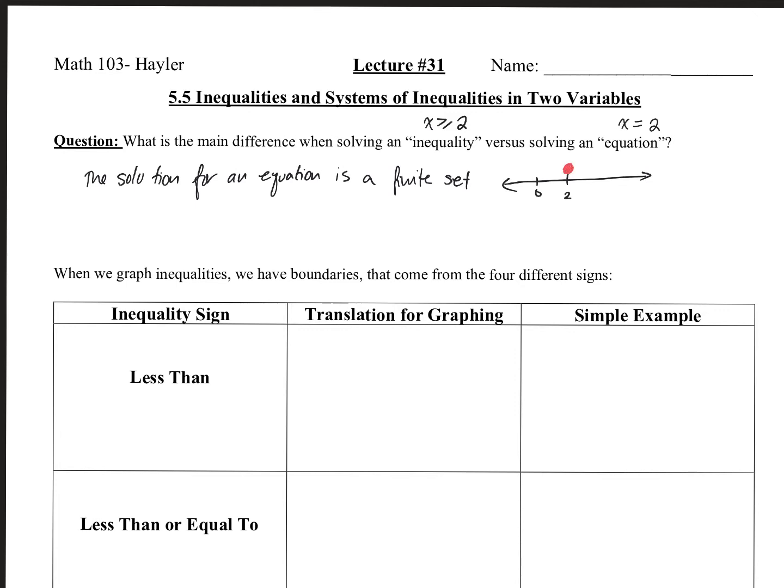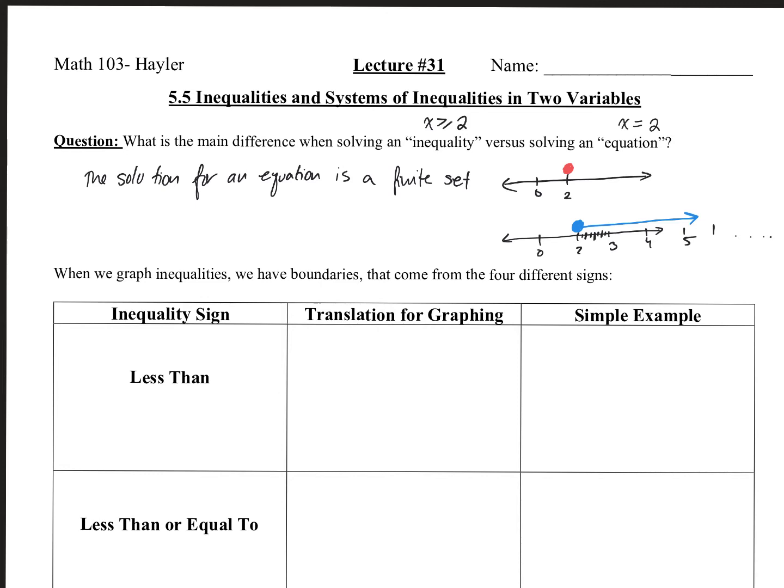However, if I was graphing the inequality, it's talking about x is greater than or equal to 2. So that's not only including 2, but that is including every single number greater than 2. How many numbers is that? Well, that's 3, 4, 5, on and on, and also including the numbers in between 2 and 3, then in between those numbers, and so on.